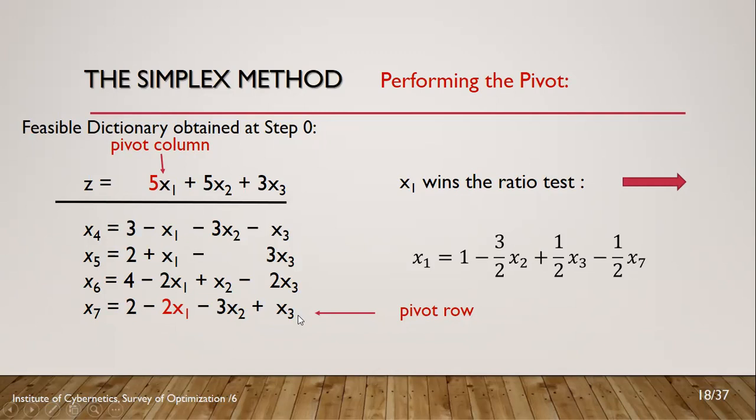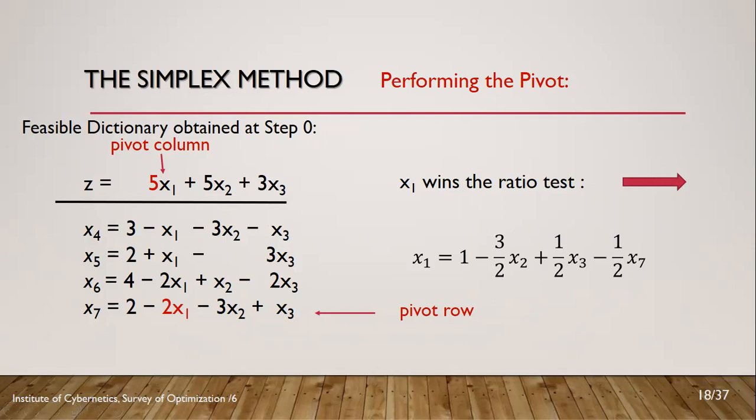Then we express x of 1 through the other variables and come up with such an expression for x of 1: x of 1 is 1 minus 3 halves times x sub 2 plus a half of x sub 3 minus a half of x sub 7.